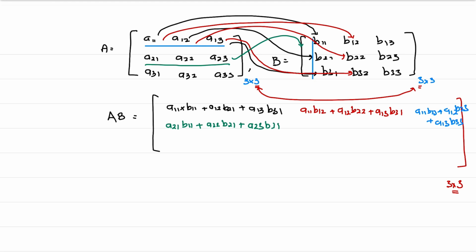Then next is the third row. This will be multiplied with the first column. That is A31 B11 plus A32 B21 plus A33 B31.